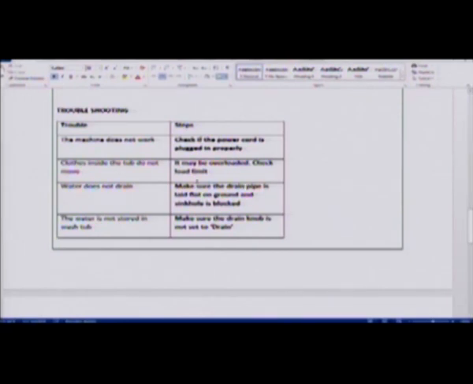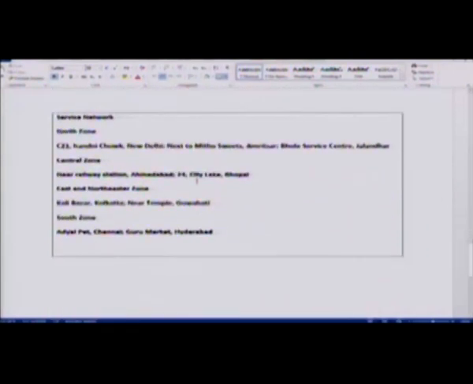which user has to follow. Then if these things do not help, so who should you contact? So, these are contact details of service centers. Usually they list major service centers and their contact numbers and address, among other things.